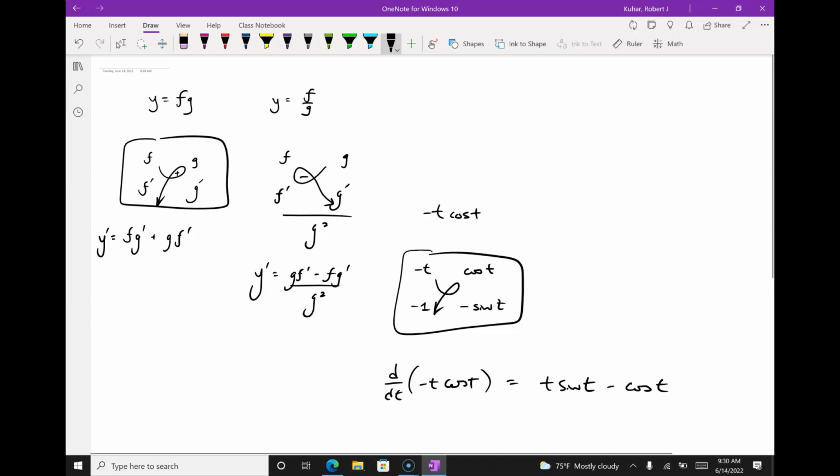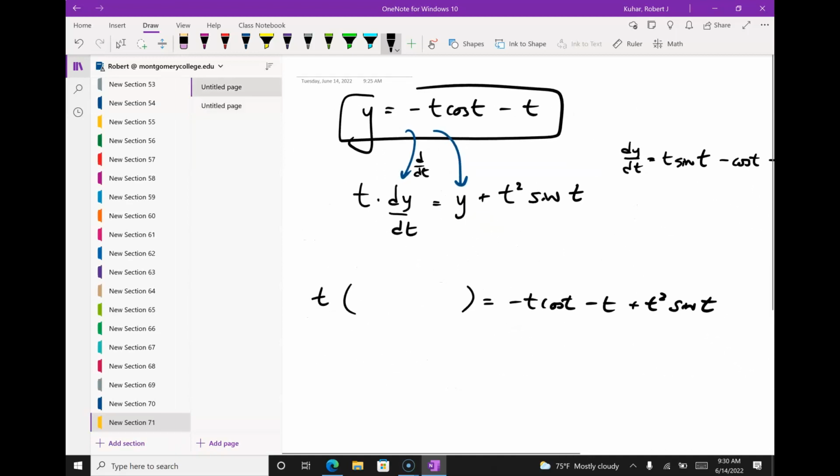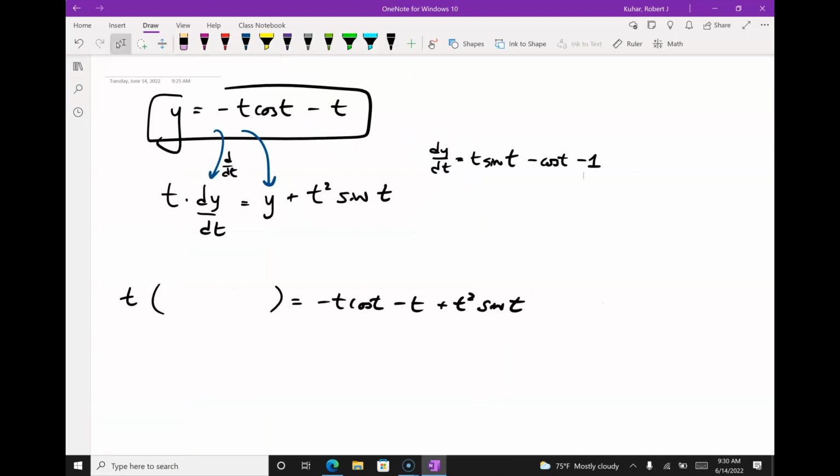Yeah? Of course, if you can do it without my method, do it without my method. So anyway, this is going in here, right? t sine t minus cos t minus 1. And then when I distribute, it's obvious.